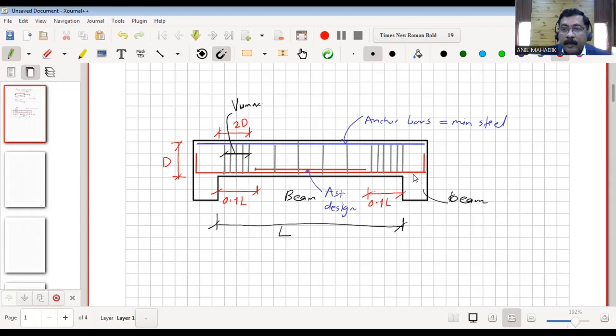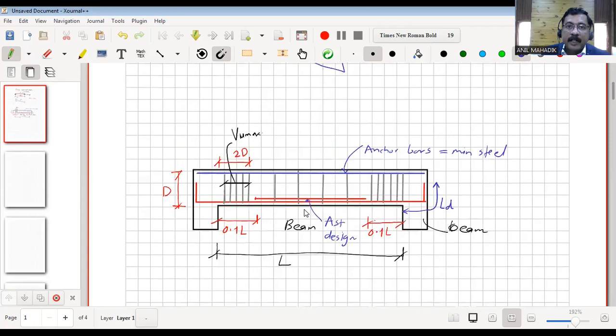And then there will be L. How much should the L length be? We generally measure from the internal face till this height. This is nothing but Ld, the development length. In upcoming sessions, in the standard drawing, I will tell you what the development length is for the reinforcement. It depends on the grade of steel, grade of concrete, and diameter of the bar. So this will be the Ld. This is the standard detailing of a simply supported beam.